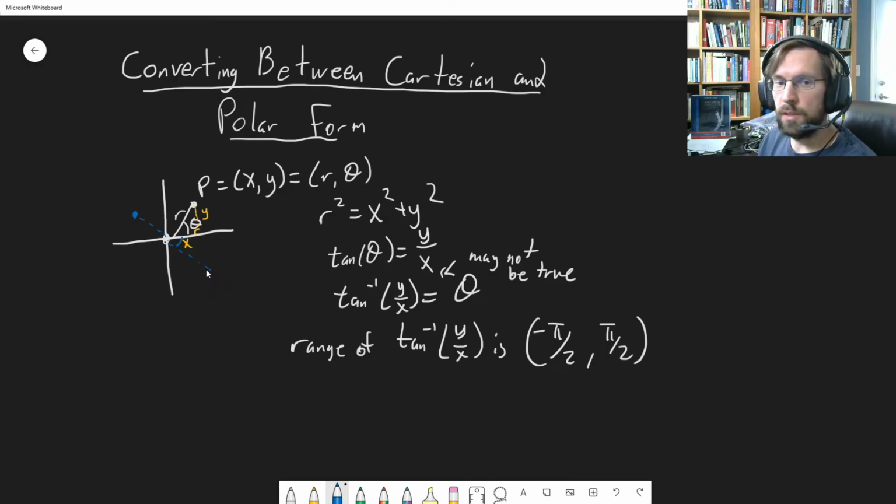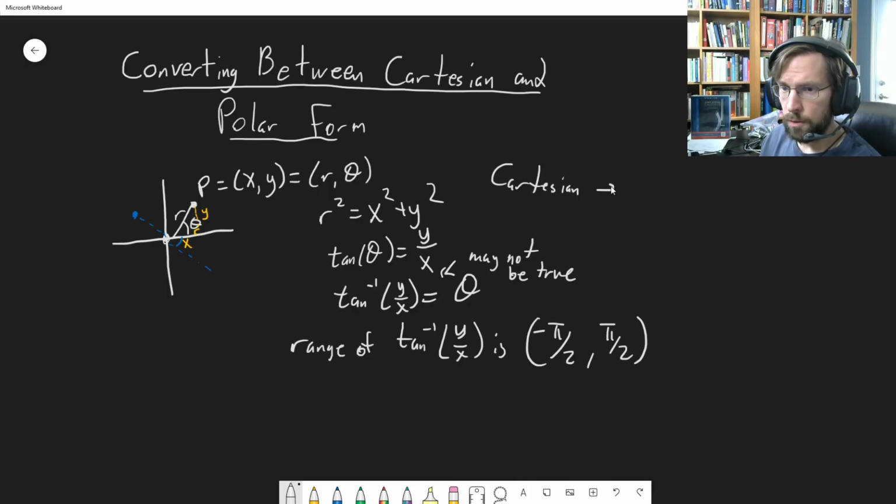That angle is okay in terms of finding the angle, but going back to what we were just talking about, then r is going to end up being negative. Okay, so this takes care of going from Cartesian to polar form.